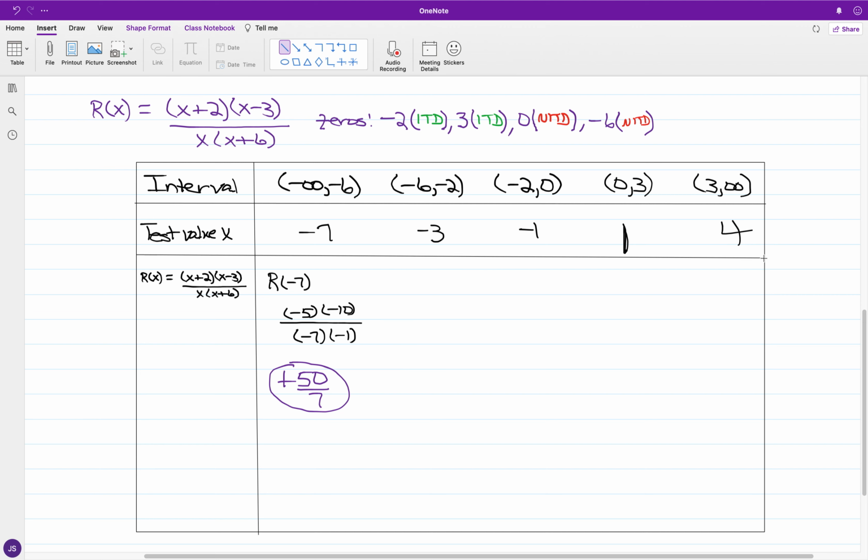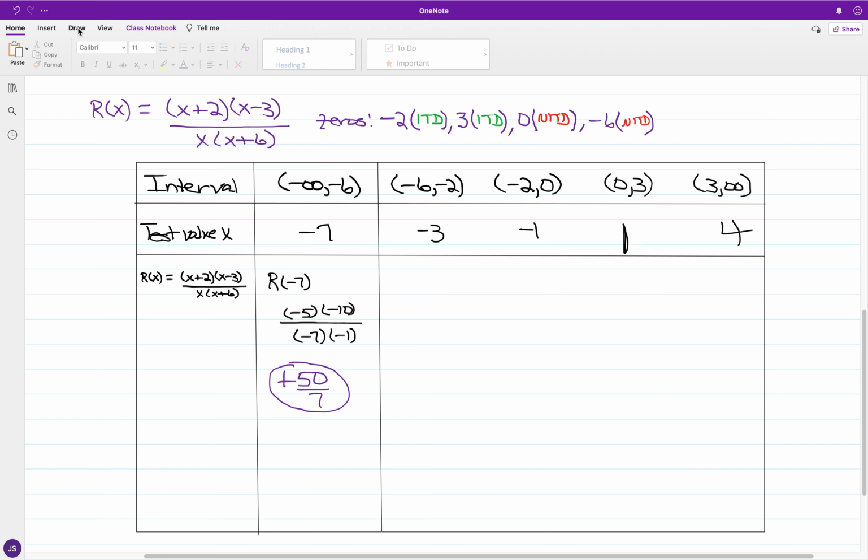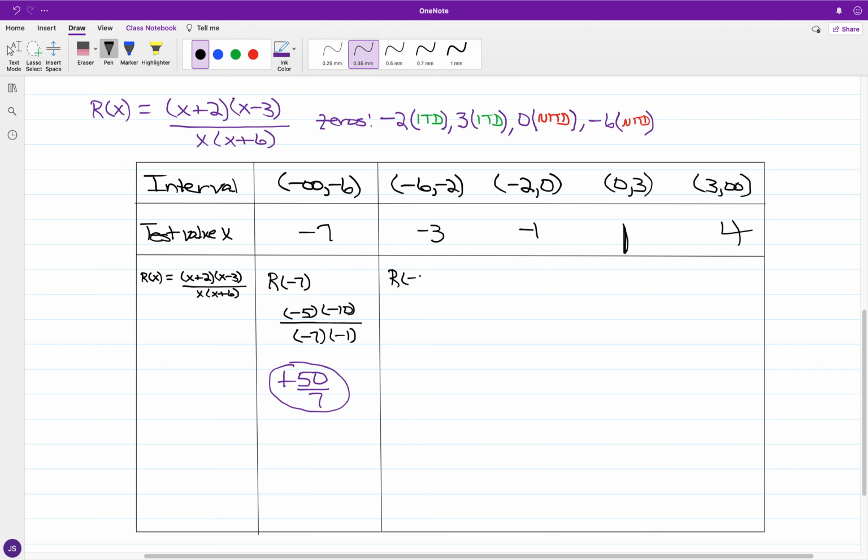For the next input, r of negative 3: negative 3 plus 2 is negative 1, negative 3 minus 3 is negative 6, we have negative 3, and negative 3 plus 6 is 3. So this goes to 6 over negative 9, and this ratio reduces to negative 2/3.